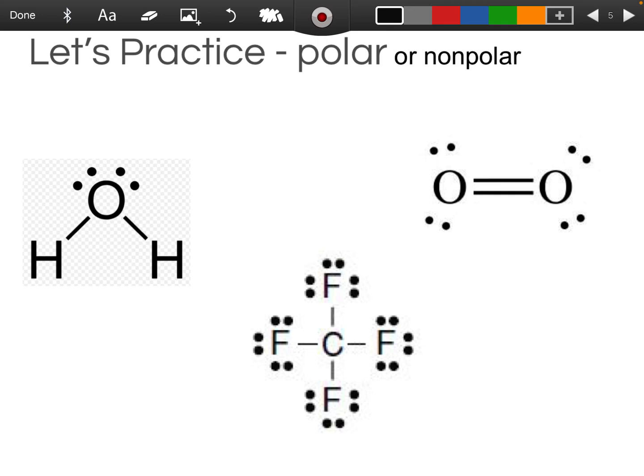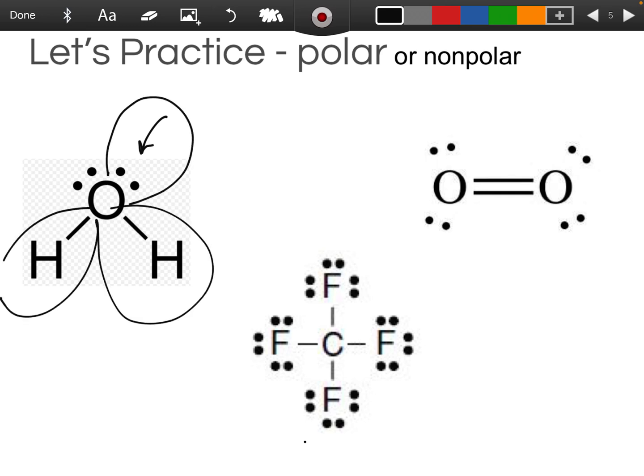If you look at water, water has these lone electrons on top of the molecule. These lone electrons are not bonded to anything. So here you have bonded electrons, but then here you have these unbonded electrons, and all of those electrons repel each other.